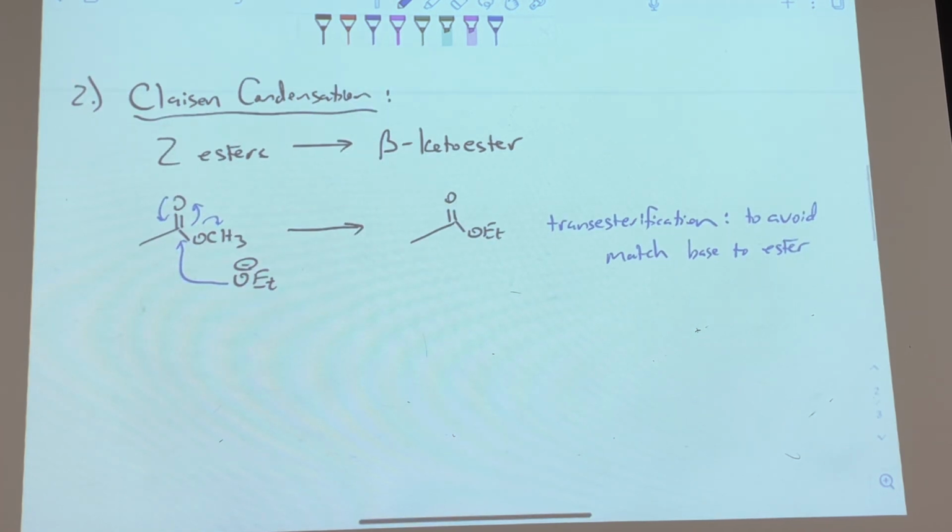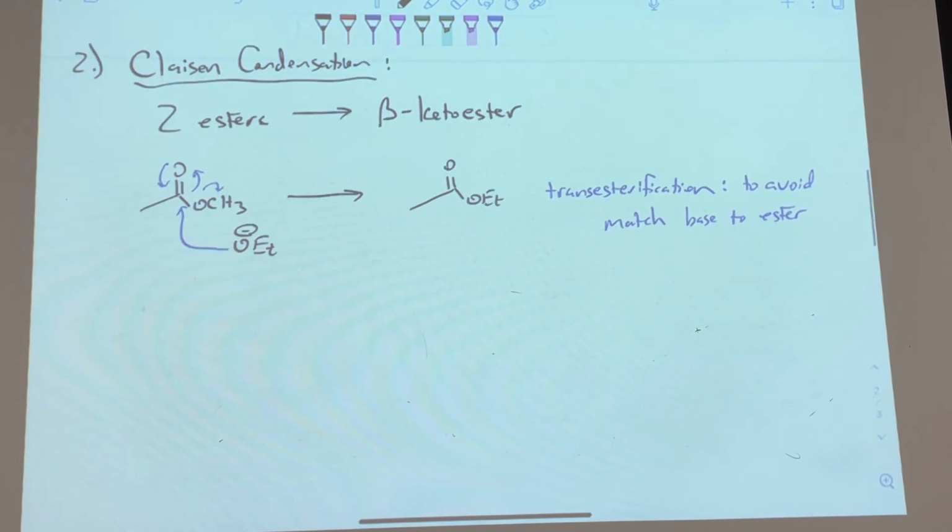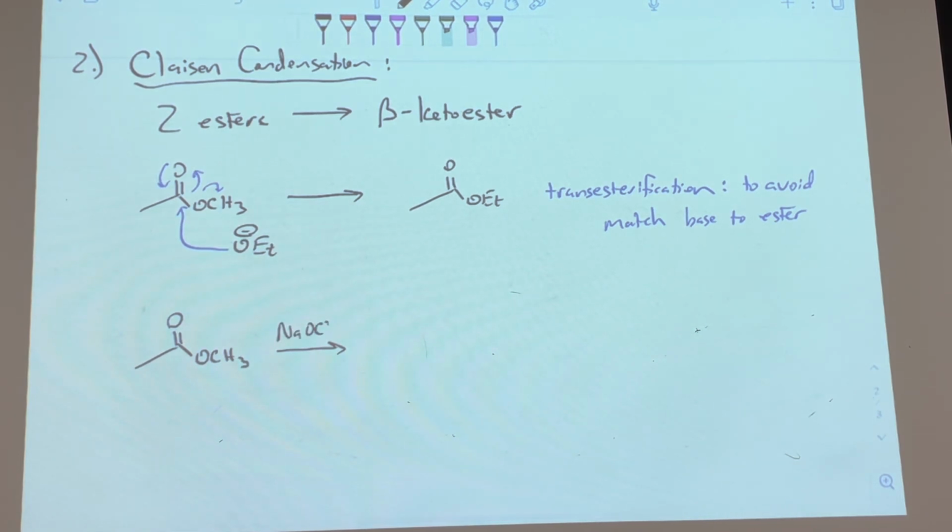If I'm using a methyl ester, I'm going to make sure to use the methoxide base. If I were using an ethyl ester, I would use ethoxide base, and so on.